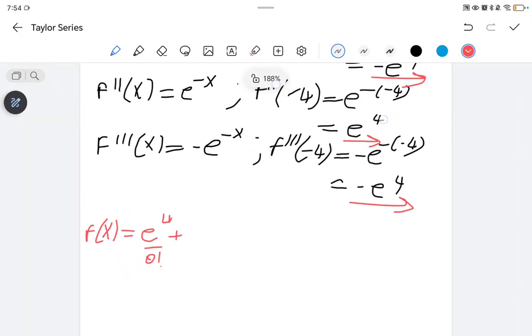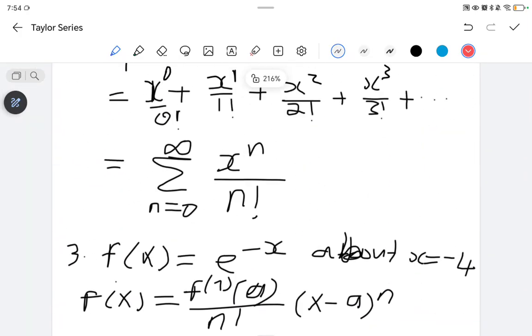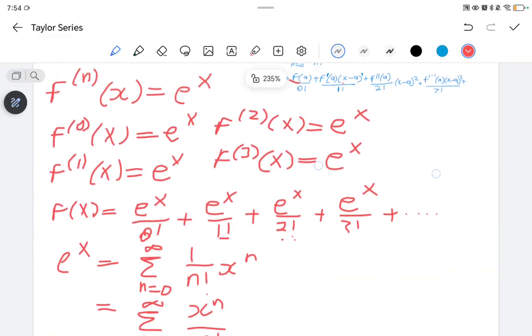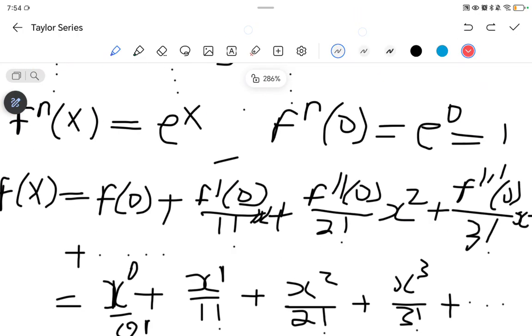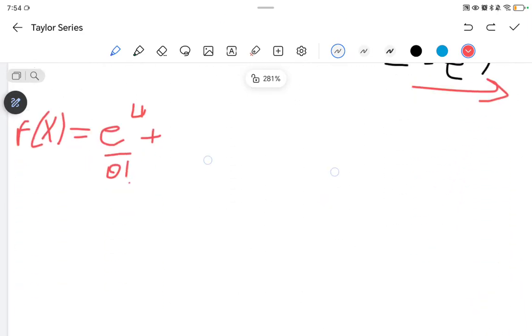And according to the formula, let's go back to the formula. You'll see. According to the formula, the first term doesn't go with this thing. You see right now. So there's no need for us to put that. It goes on the second one.